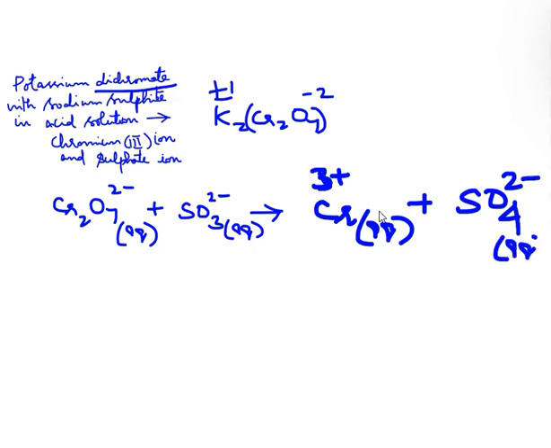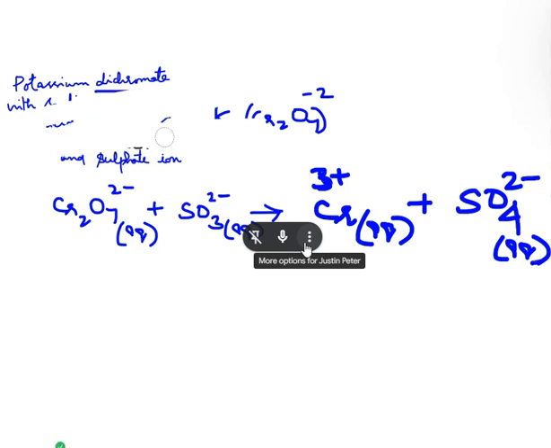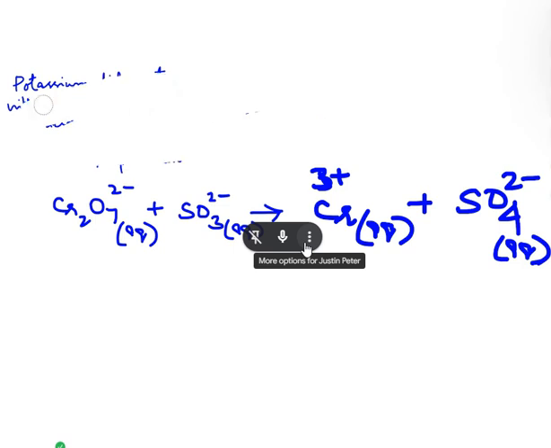So the first thing is writing the skeleton ionic equation, which we just now did. Next, no need of the word equation because we have written it down.